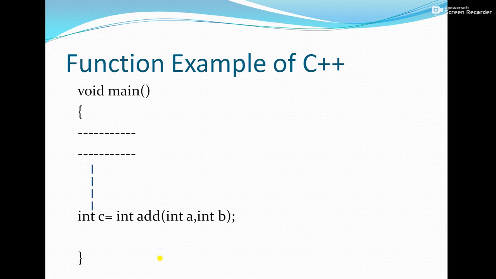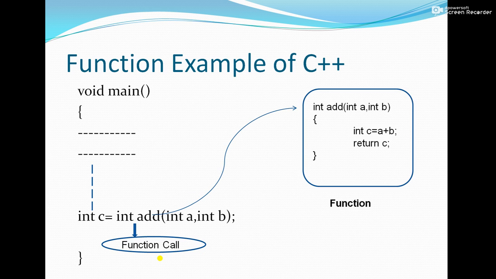Now here in this program, the compiler compiles all the statements sequentially, but as soon as it comes to the statement where the function is called, the control of the compiler goes to that function definition. So this is the function definition. What do you mean by function definition?